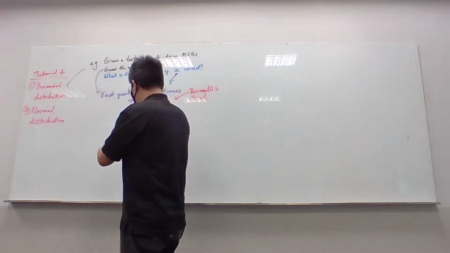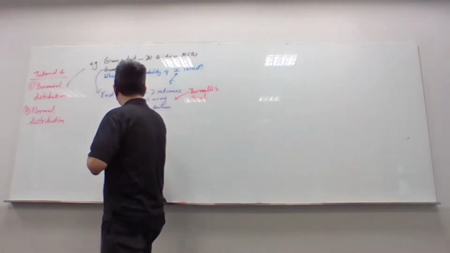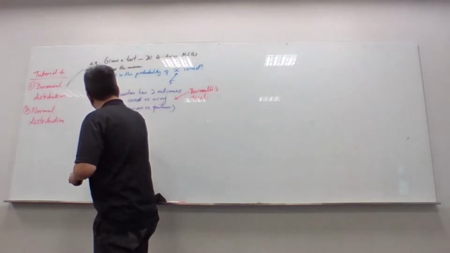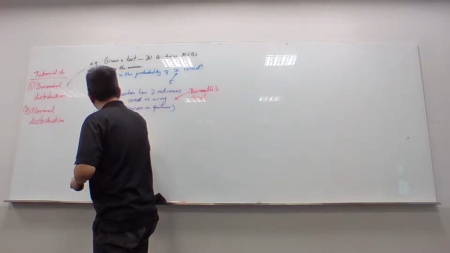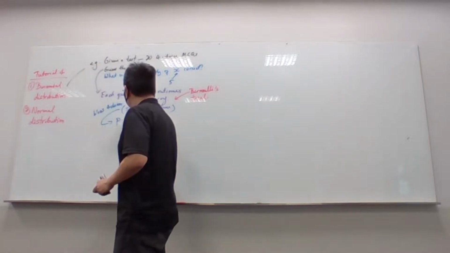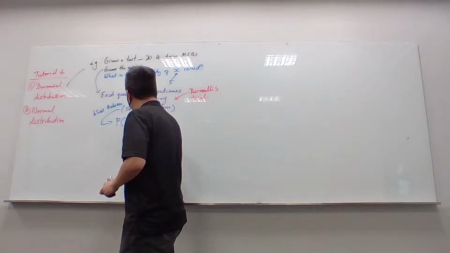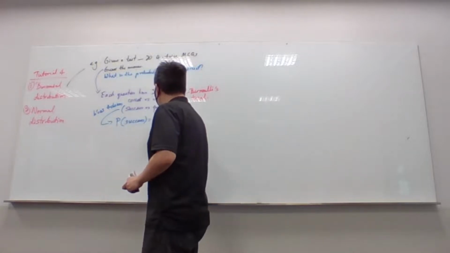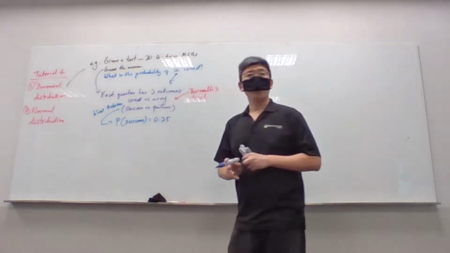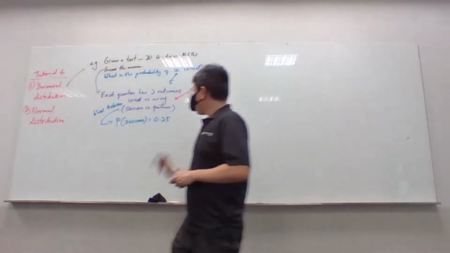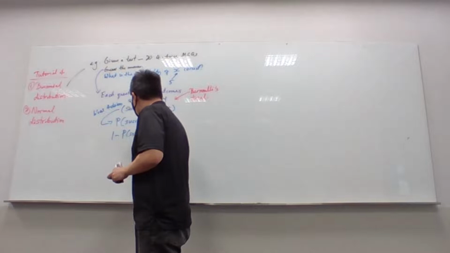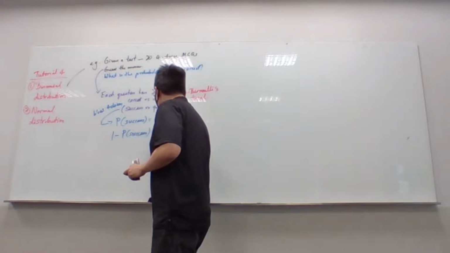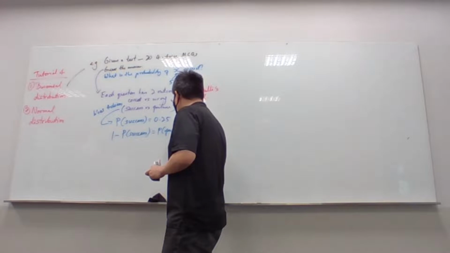So because there are 4 choices, the probability of success is 0.25. And therefore, 1 minus the probability of success gives you the probability of failure, which is then 0.75.